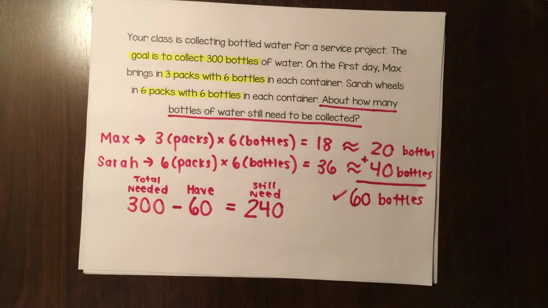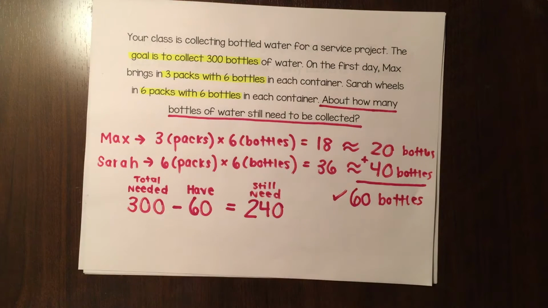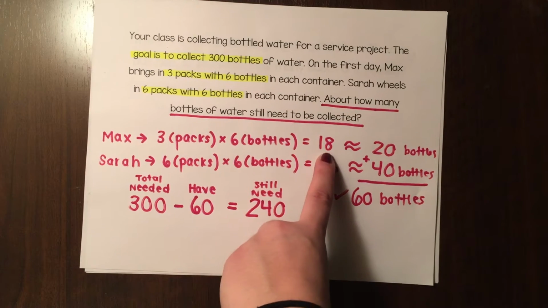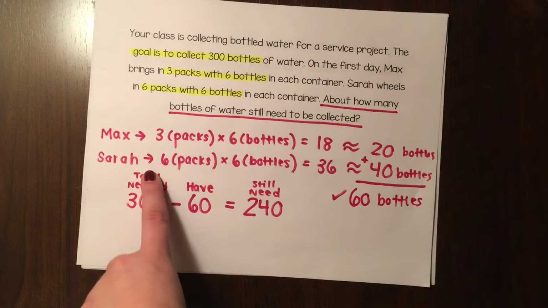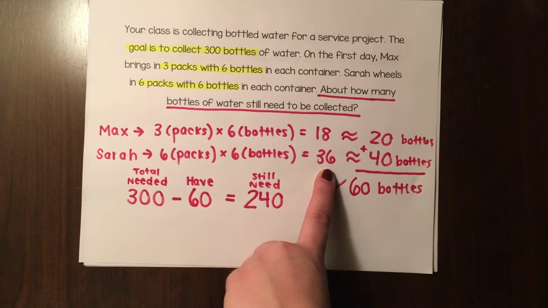Another way to look at this problem is, again, starting with our multiplication and our order of operations. We know Max brought in 3 packs with 6 bottles, again multiplied to get 18, and Sarah brought in 6 packs with 6 bottles, again multiplied to get 36.